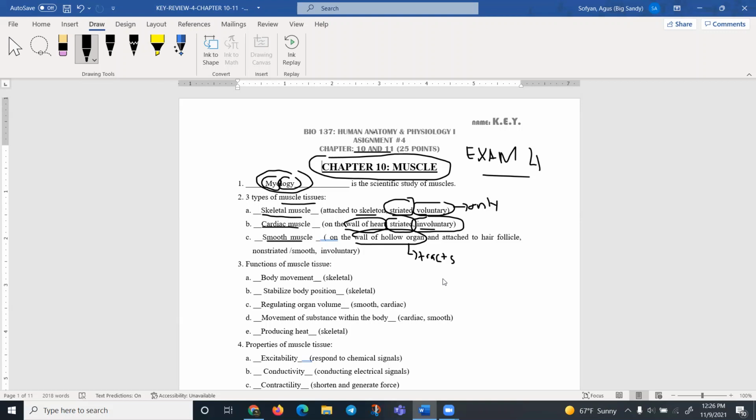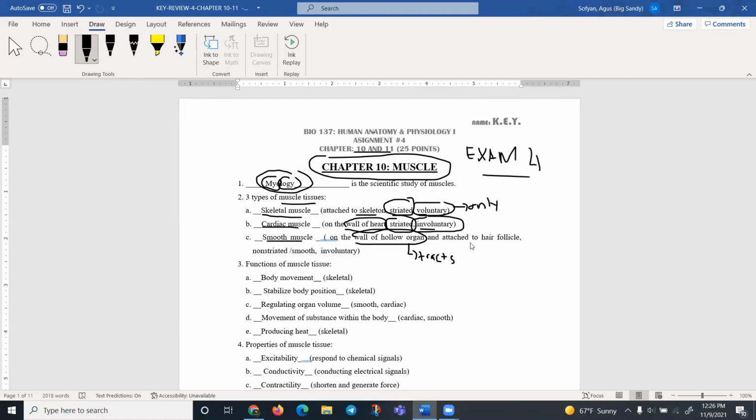They have the smooth muscle on the wall of this tract organ. Respiratory tract, the trachea, bronchioles, bronchus, urinary tract, ureter, bladder, urethra, and also the blood vessels. Okay, so blood vessels have smooth muscles on their wall.